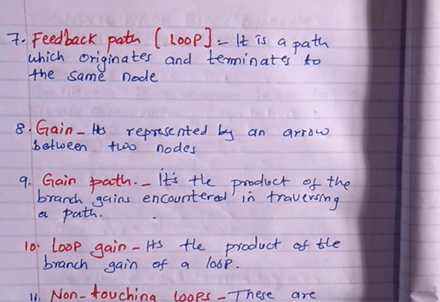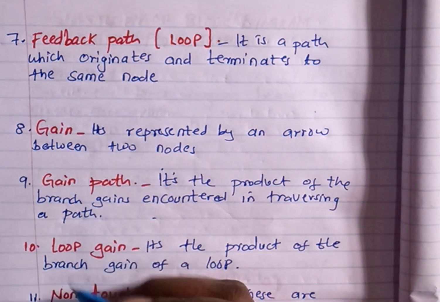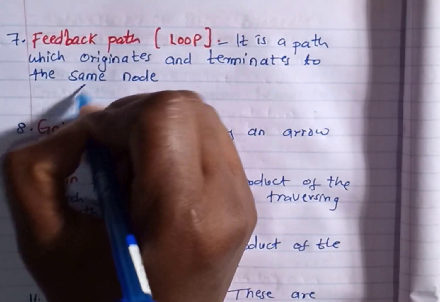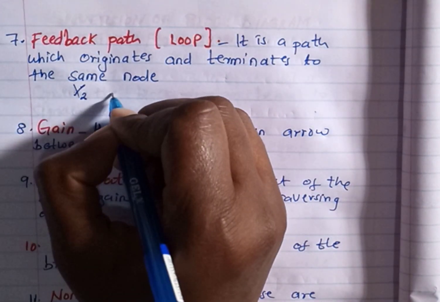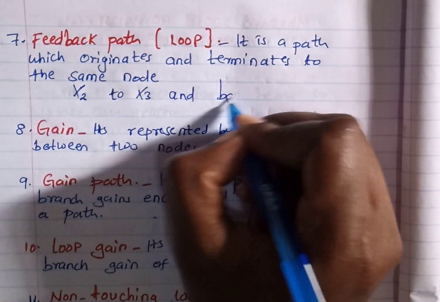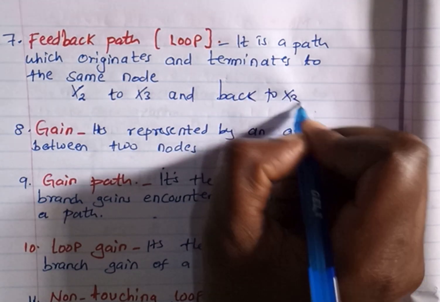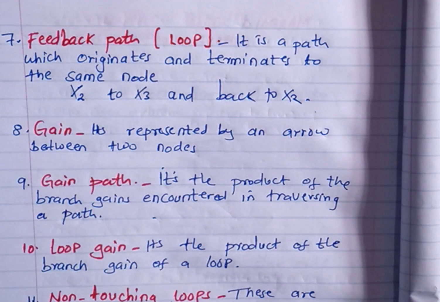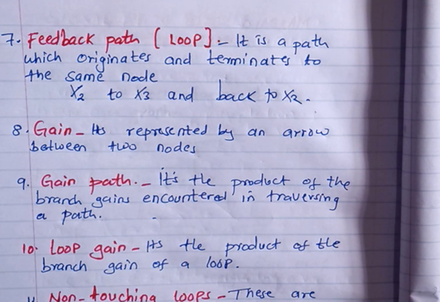So for instance, we have the loop here, or feedback path, that we had from x2 to x3 and then back to x2. That one becomes something like a closed loop, or a feedback path, that has a forward path and a feedback path. That's what we call the feedback path or the loop.